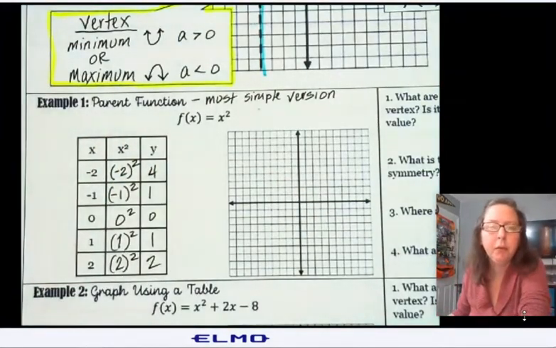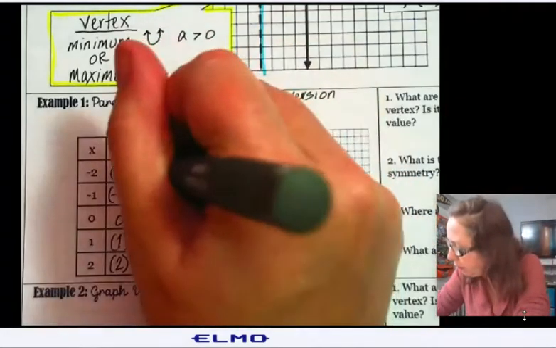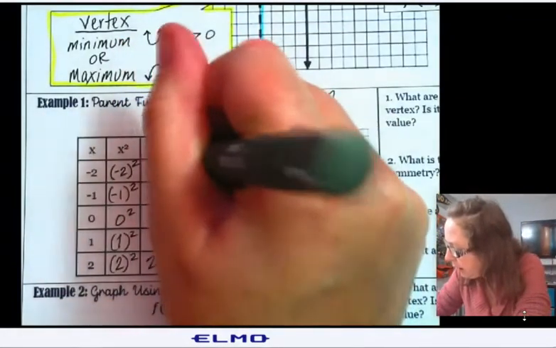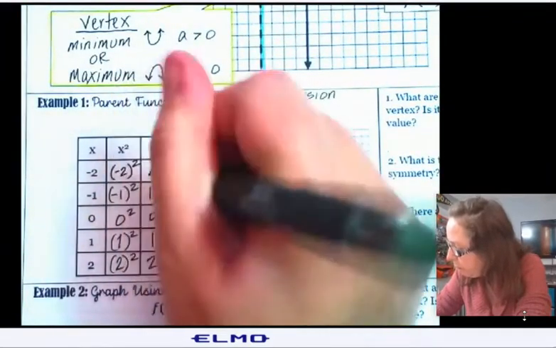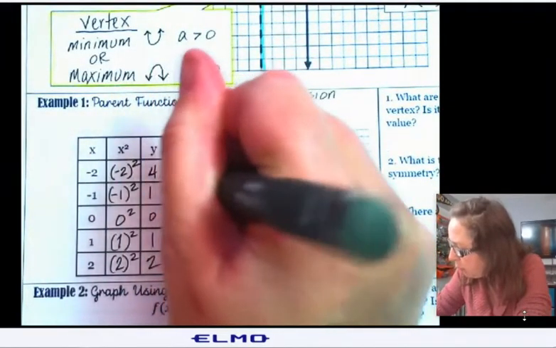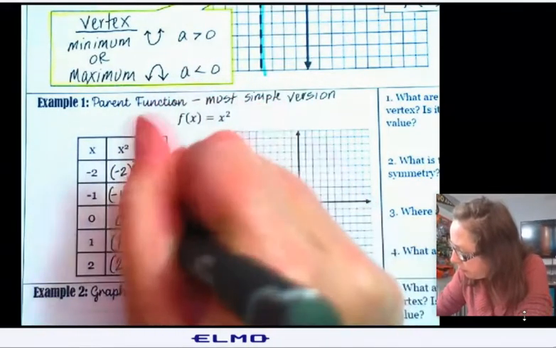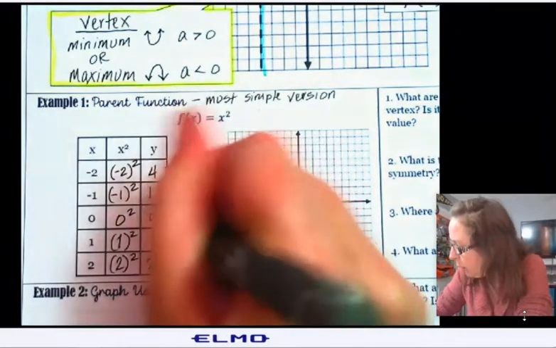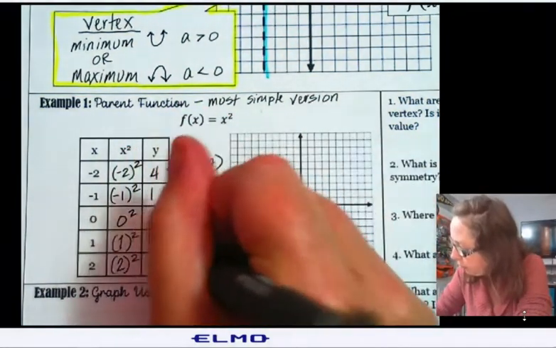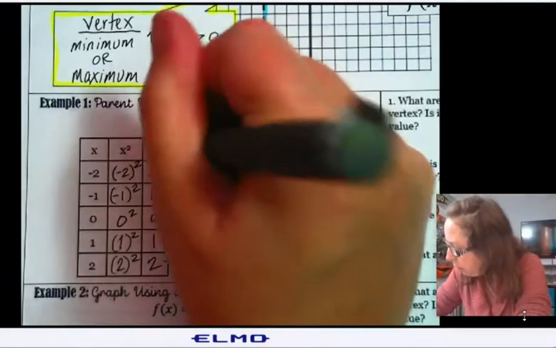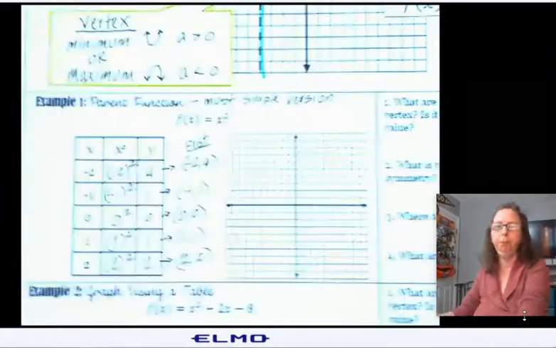Now we're going to plot each of these ordered pairs: (-2, 4), (-1, 1), (0, 0), (1, 1), and (2, 4).